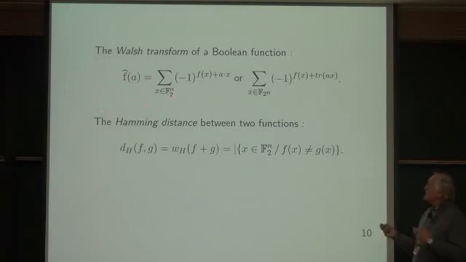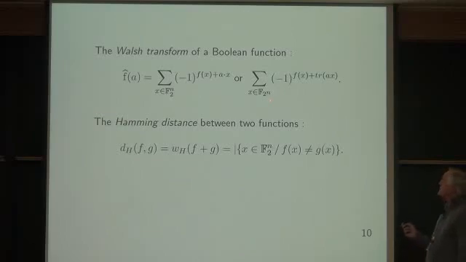We calculate in Z the sum of minus 1 to the f of x plus a dot x. I defined the inner product in a previous slide. You can take here any inner product. You can take the inner product I've introduced. You can take any other one. It will give a slightly different Walsh transform, but all the properties of the Walsh transform will stand.